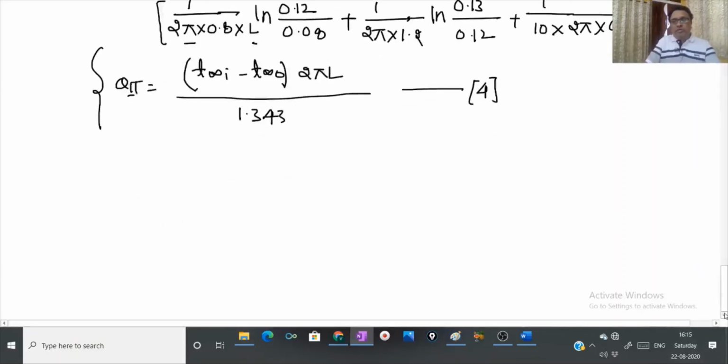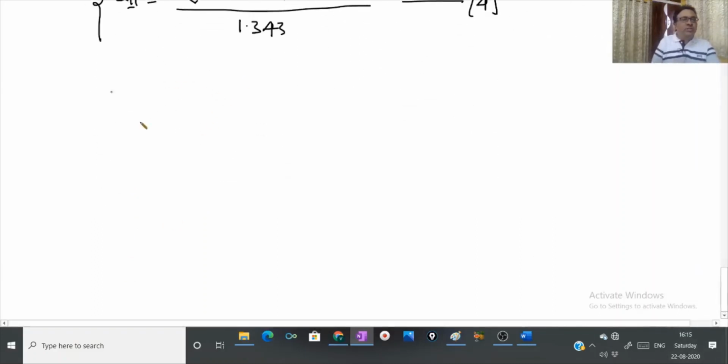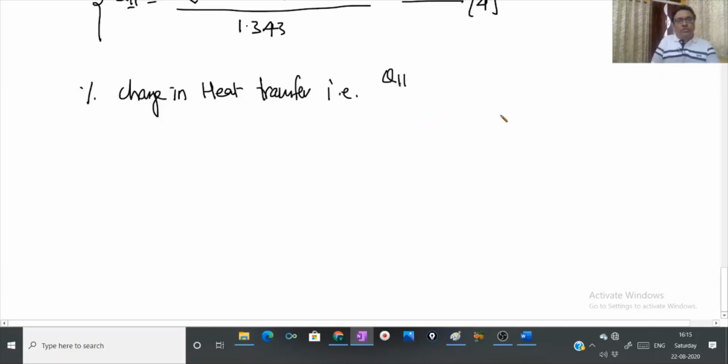Now I am supposed to find out the percentage change in heat transfer, that is Q2 minus Q1 over Q1.